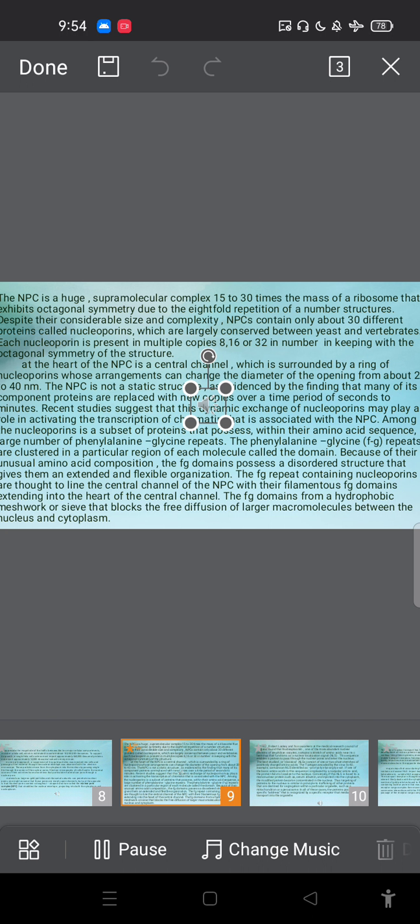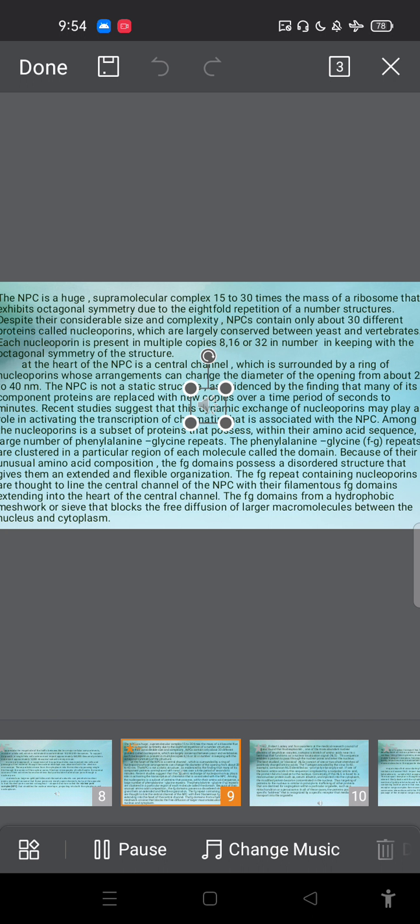The NPC is not a static structure, as evidenced by the finding that many of its component proteins are replaced with new copies over a time period of seconds to minutes. Recent studies suggest that this dynamic exchange of nucleoporins may play a role in activating the transcription of chromatin that is associated with the NPC.